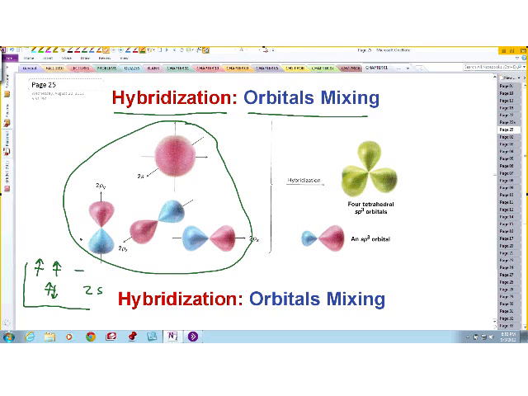So the first thing that happens is what we call electronic promotion. For that you need some energy, and that is why for most organic reactions you need to input some energy.